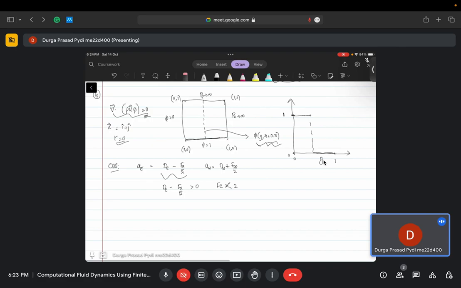Only then will this particular A East coefficient be positive.